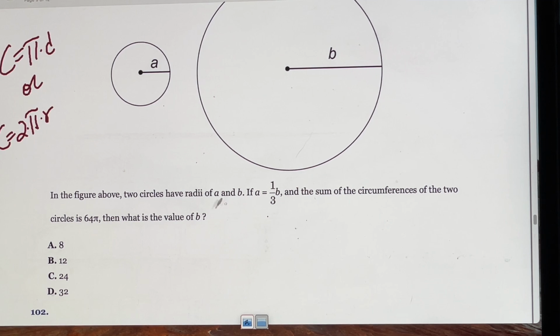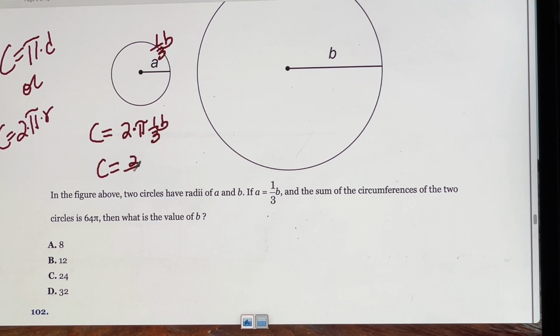So let's do A first: 2 times pi, and the radius of A is 1/3 B, and B is just B. So 2 times 1/3 B, we multiply 2 times 1/3, we get 2/3 pi B. So that's the circumference of the first circle.